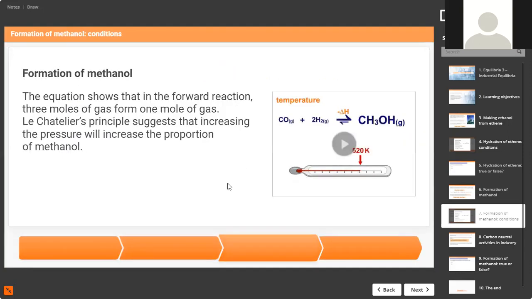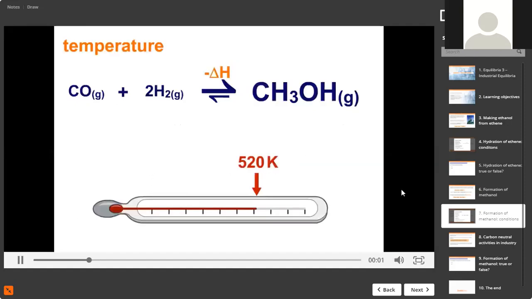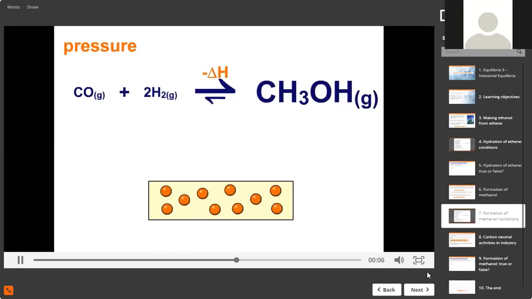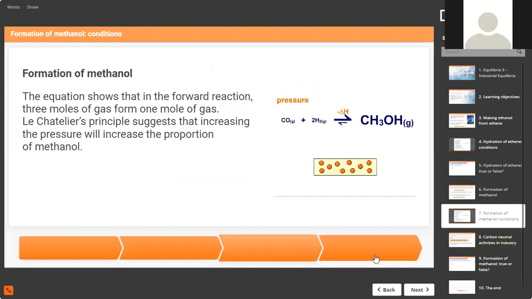Our equation shows that in the forward reaction, we have 3 moles of gas, 1 mole of carbon monoxide and 2 moles of hydrogen, and form 1 mole of gas. Therefore, using Le Chatelier's principle, increasing the pressure will increase the proportion of methanol. So if we increase our pressure, our proportion of methanol should increase.